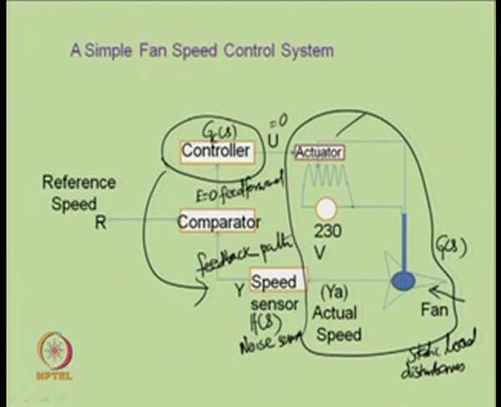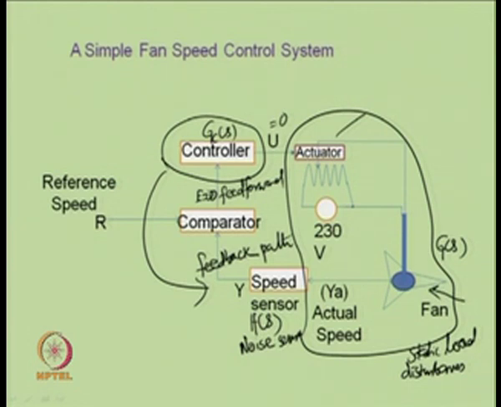E becomes 0 when the difference between the actual speed and the reference speed is 0. That means the fan has achieved the desired speed. When the fan has achieved the desired speed, at that time the controller may not act. Controller action is redundant.